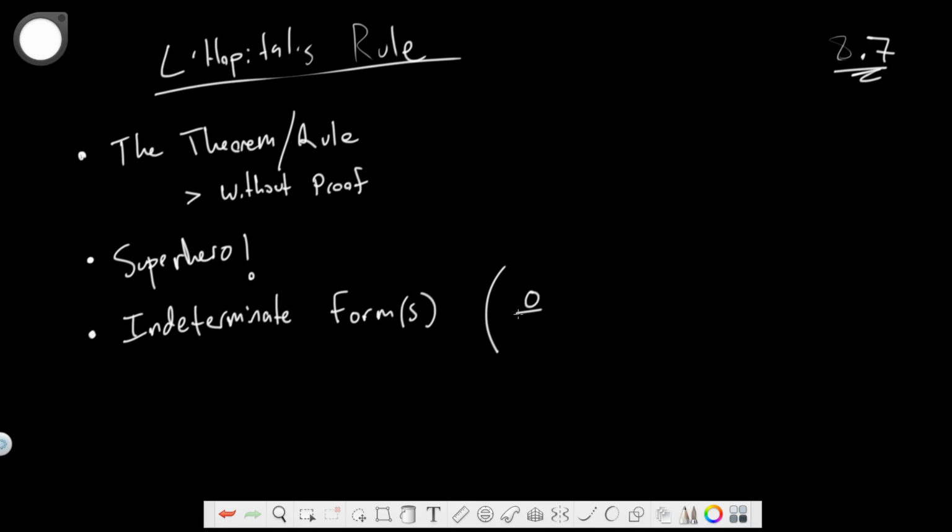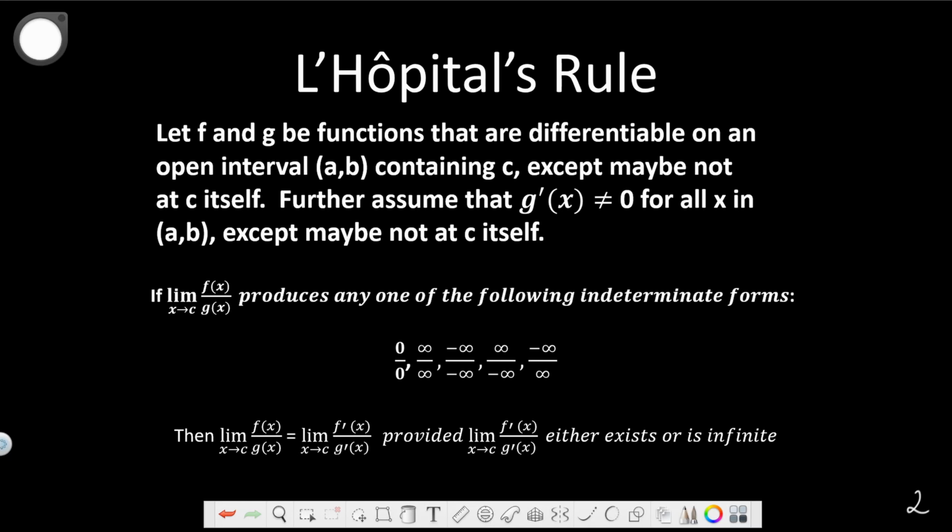We have 0 divided by 0, and plus or minus infinity divided by plus or minus infinity. You've talked about this before, in pre-calculus. But there are other forms, and we'll talk about all of those. And last but not least, we will spend the majority of this video doing examples and making sense of the theorem in practice. So we will have examples for you here at the end. With that said, let's go ahead and get started.